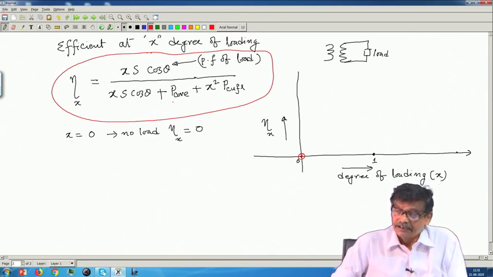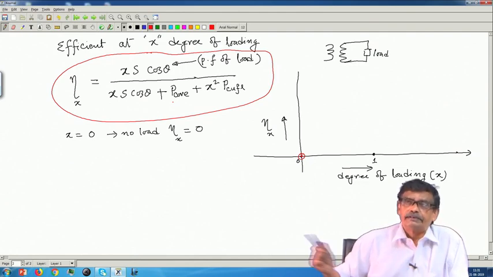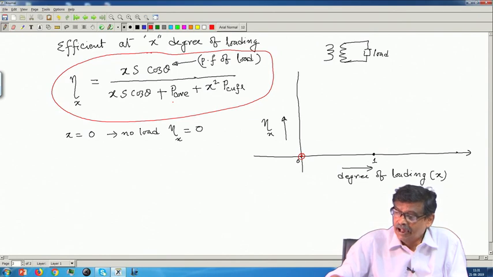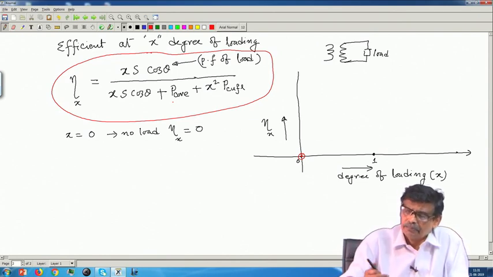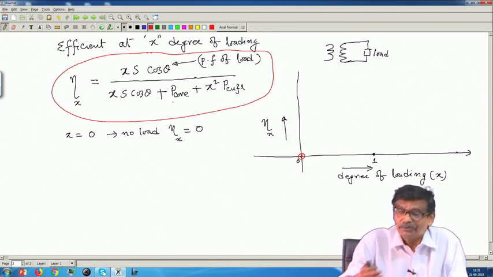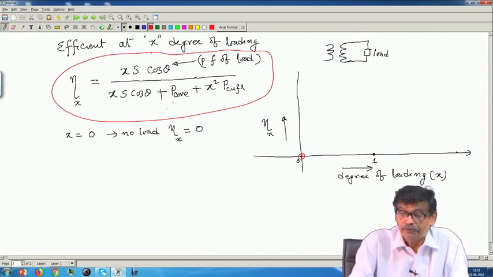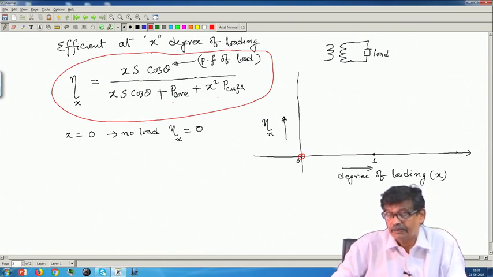Now, let us ask ourselves, suppose you make x very large. I want to have some idea how this efficiency curve changes. Suppose x is made very large, at least theoretically. I will not subject the transformer to this high degree of loading, but let us mathematically see what this expression tells me.